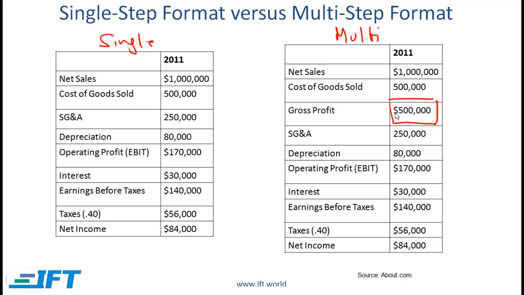In this case, that number is $500,000. Whereas in a single step format, we do not have a number for gross profit. So you notice that on the left, this gross profit item is missing. Obviously, it can be calculated easily by simply subtracting 500,000 from a million, but in terms of describing this format, we say that this is a single step format.